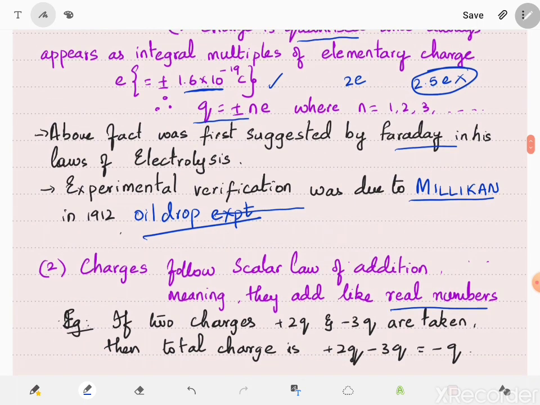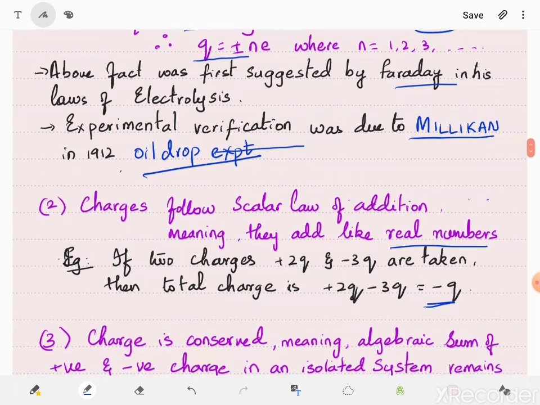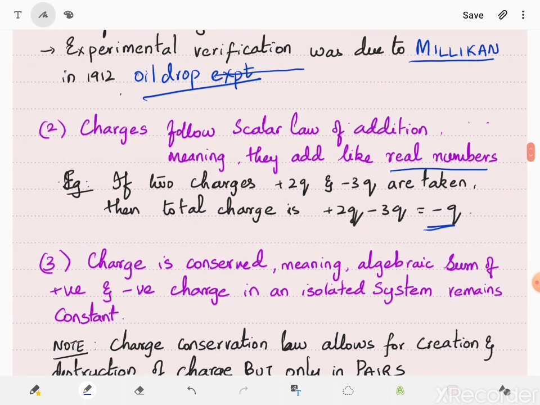Let's say if you have two charges, plus 2q and minus 3q, then total charge would be just plus 2q minus 3q, which is nothing but minus q. So in a sense, they don't add like vectors, they're just adding like real numbers, right? So which suggests that charge is a scalar quantity, obviously, right?